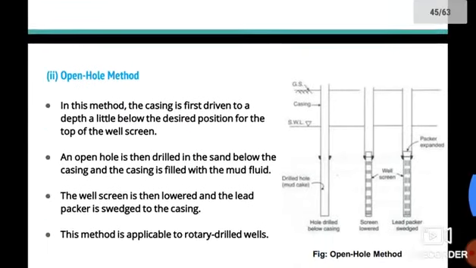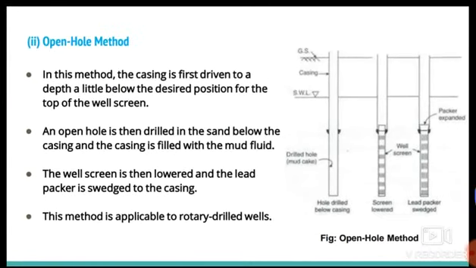The second one is the open hole method. In this case, we will first dig the hole and the casing is first driven to a depth a little below the desired position for the top of the well screen. We will dig the hole and put the casing.